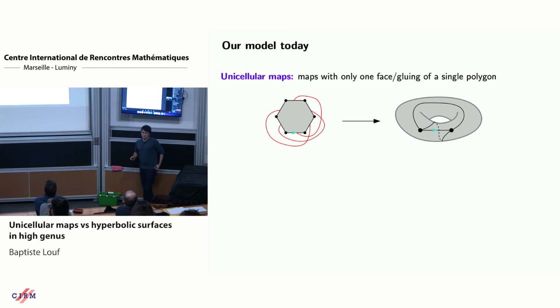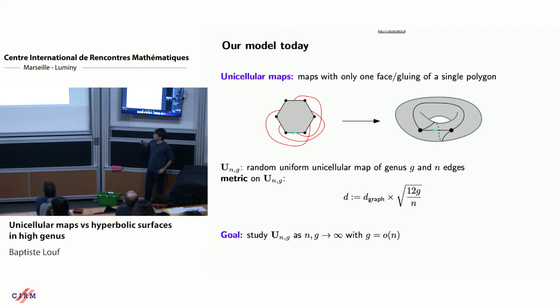And so my map is a discrete surface, and I'm also going to see it as a geometric object. So I'm going to have a metric, a certain notion of distance, which is the graph distance rescaled by this factor square root of 12g over n. And I'm going to study this model. I'm going to pick a random uniform unicellular map of genus g and n edges with this metric, as the size and the genus go to infinity.